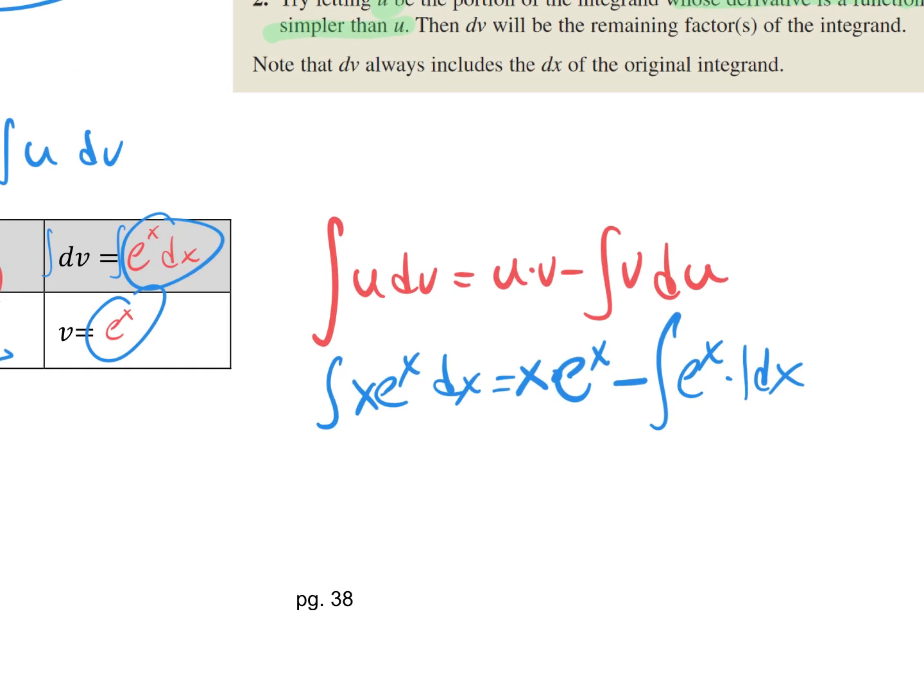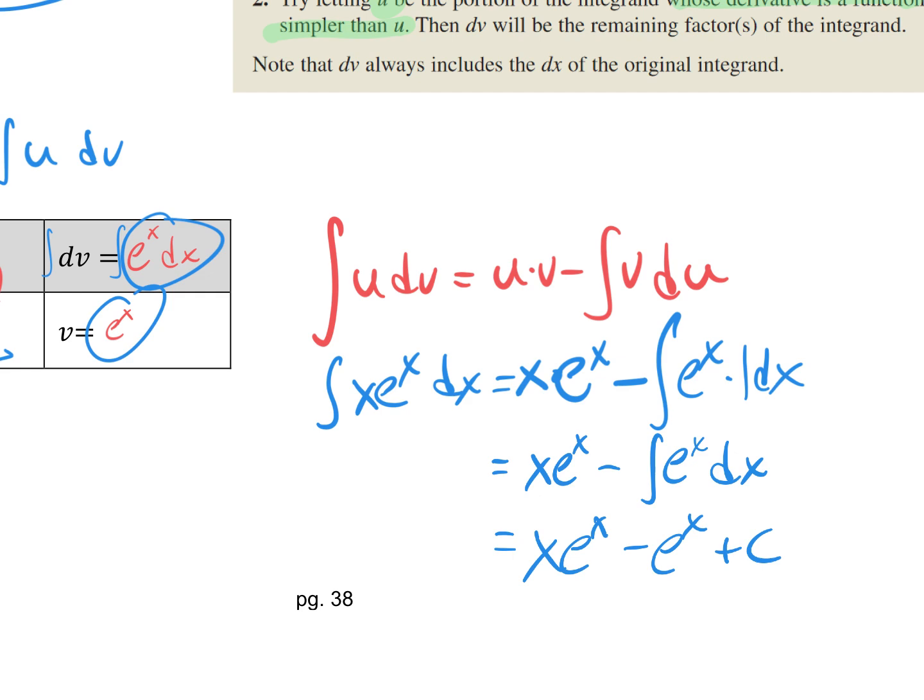So we now have x e to the x minus, and that 1 doesn't matter, the integral of e to the x dx. Well, that's easy to take that integral now, and that was the whole point. We now have an integral that we can deal with, and so we have e to the x plus a constant. And there you have it. There's our solution.